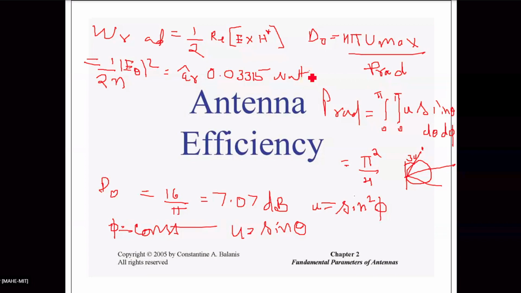Total power radiated. So how did we get this answer? Half E theta square by eta. W rad is half real part of E cross H star. So what did you say the value was for eta in free space? Eta is 120 pi. You have studied in EMW for free space, 120 pi.